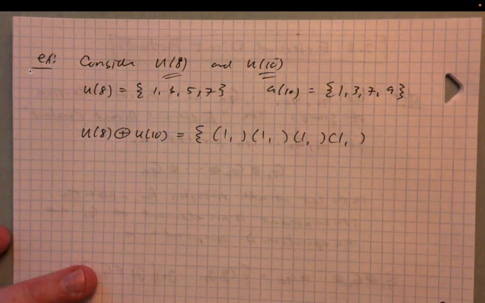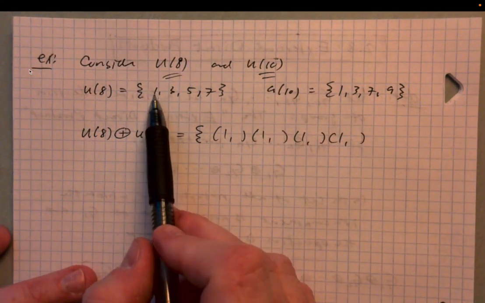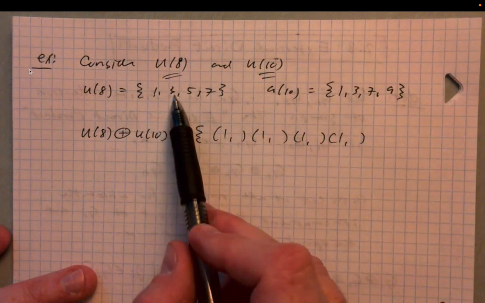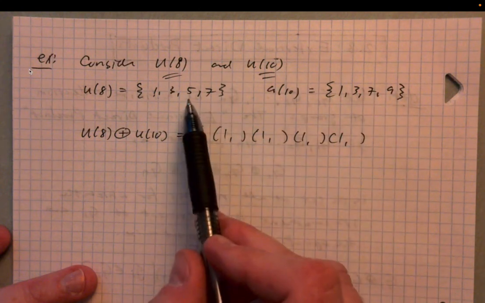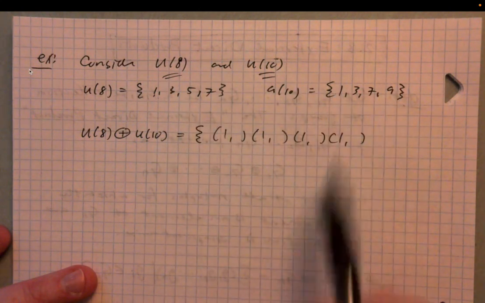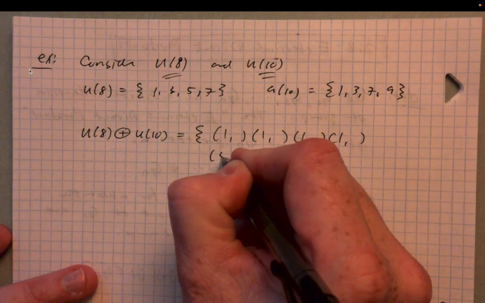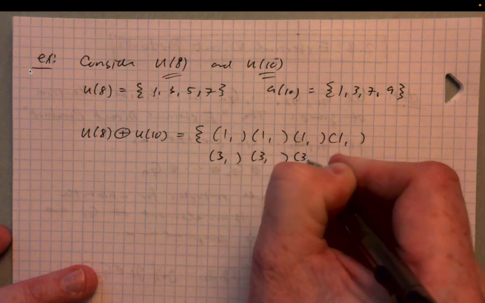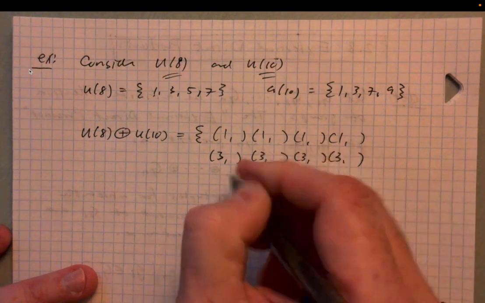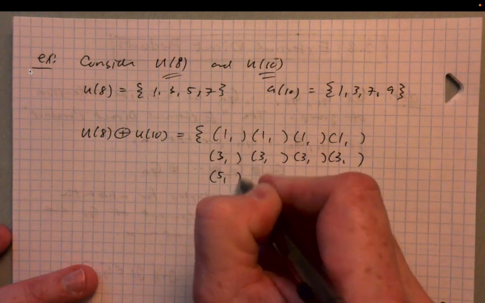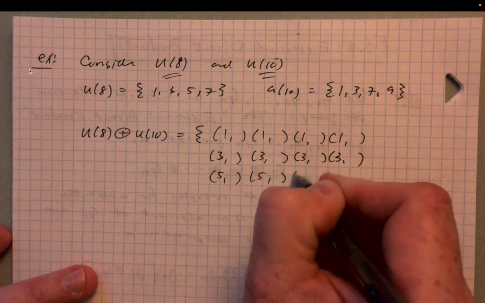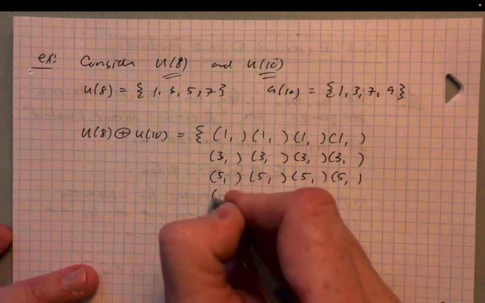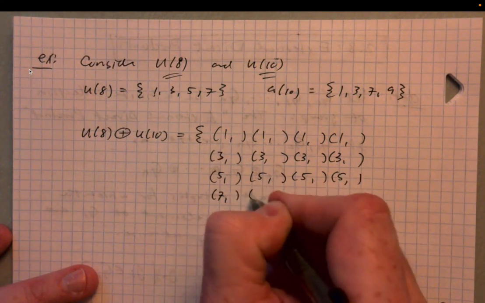So we can go like this, 1, 1, 1, 1. We know that this is going to be the first component of 4 elements. And then 3 is going to be the first component of another 4 elements. And then 5 will be the first component of another 4 elements. If you're writing these out, you can adopt that strategy: write out the first components first and use the appropriate amount of repetition, and then you can fill in the other ones.